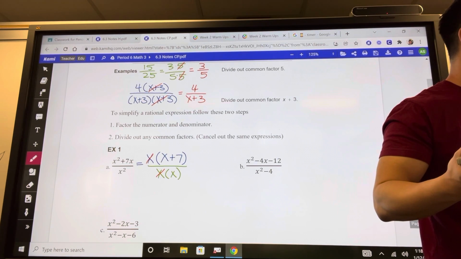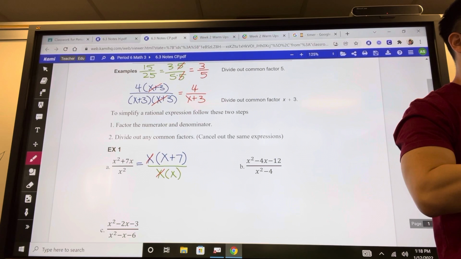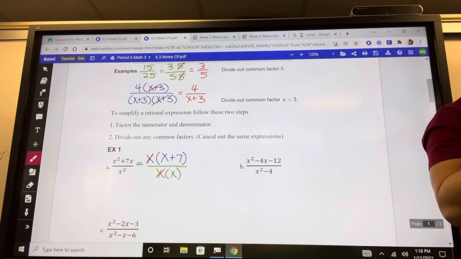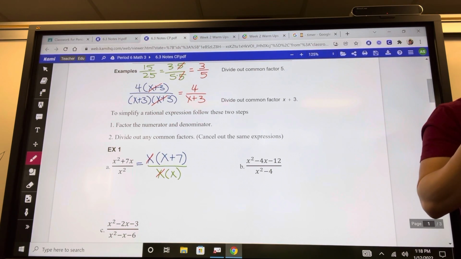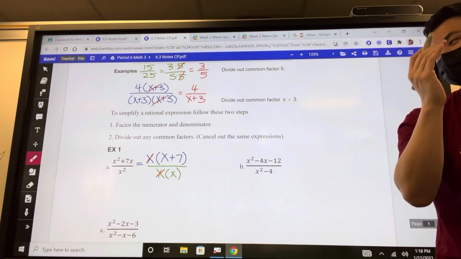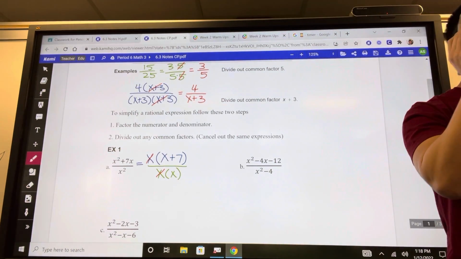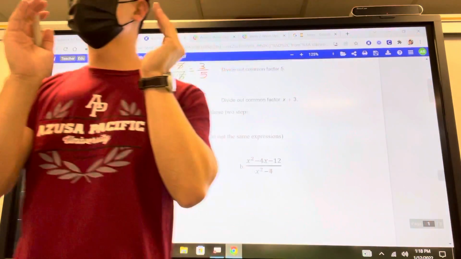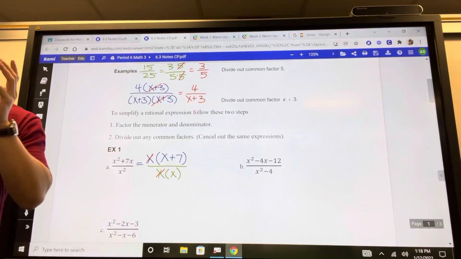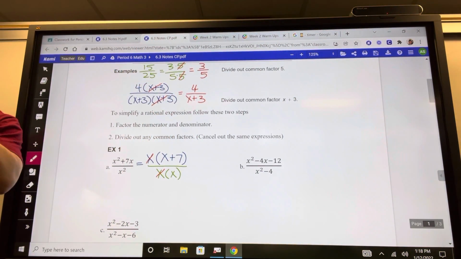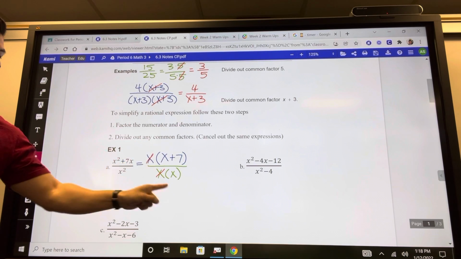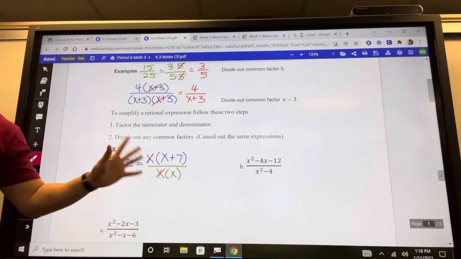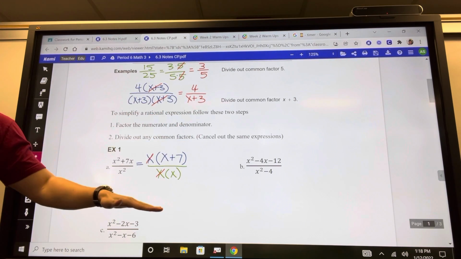Is that what you're saying? So I can cancel them? Or I can't cancel them? No. I have something around that top expression, right? What do I have? I have parentheses. So that means that my x plus 7 is one piece. I can't separate them. So that means I can't cancel these guys out. It's going to stay as x plus 7 over x.